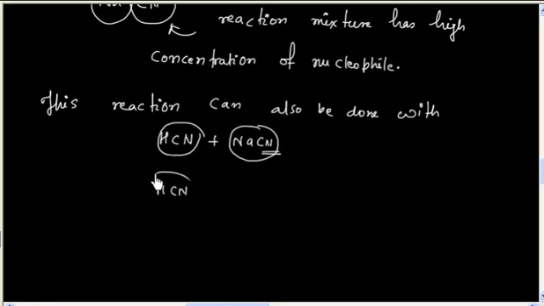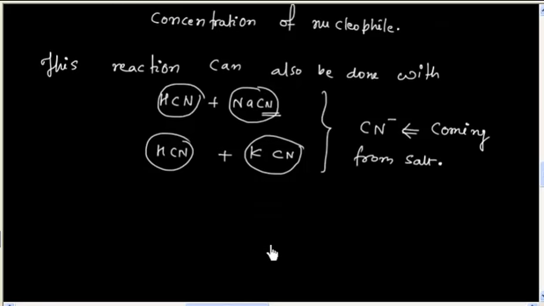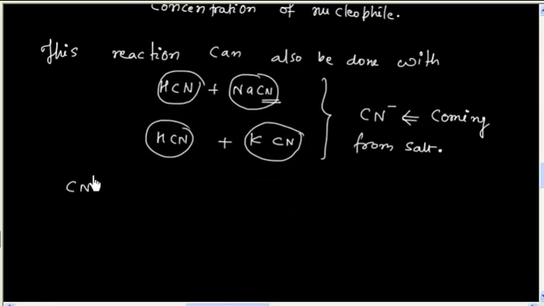We can also take HCN plus KCN, that is salt of cyanide ion. In these cases also we have free CN minus, coming from the salt, that can act as a nucleophile. So CN minus is free and it can act as nucleophile.